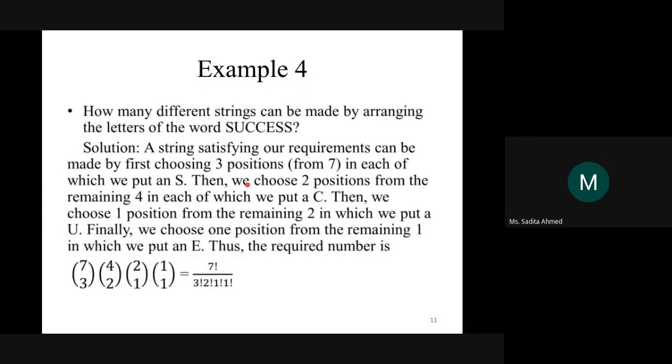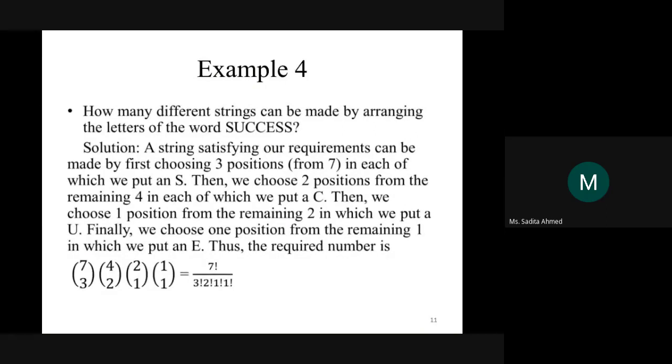Also, at the same time, if I change the positions of C from 3 4 to 1 4, that is, instead of choosing 3 and 4, I choose position 1 and position 4, will that give us a new string? Yes, ma'am. Yes, it will. So what are we doing here again?